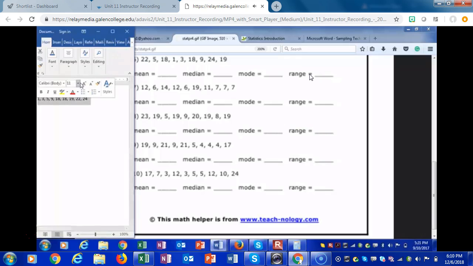All right. Let's go ahead on through the process. The mean. What is the mean here? Let's find out.